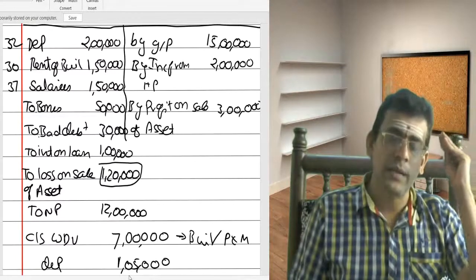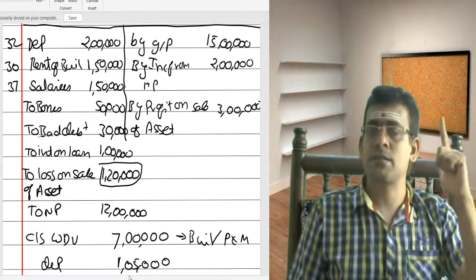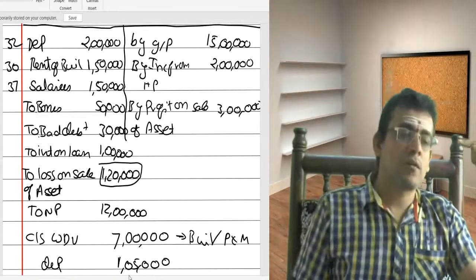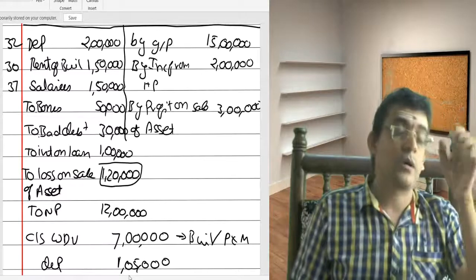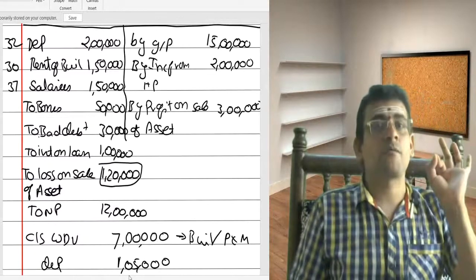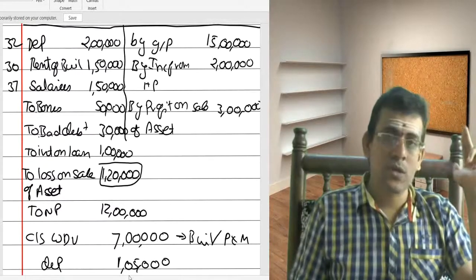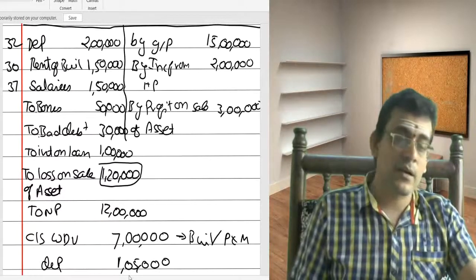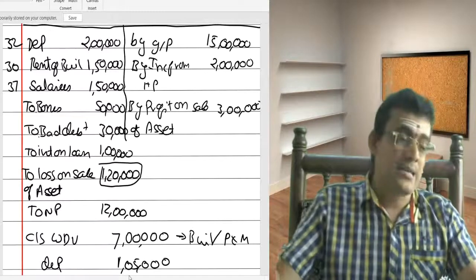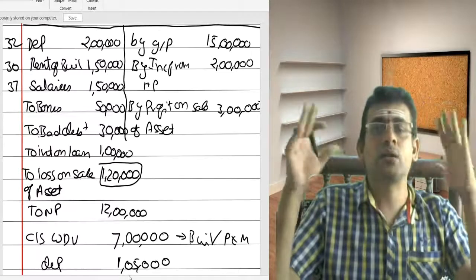That means the first part in disallowances is any sort of expenses not allowed as deduction under 30 to 37, if debited to the profit and loss account, disallow. Clear? As loss on sale of asset is not covered under 30 to 37 and is debited to the profit and loss account, simply I need to add that to my net profit.